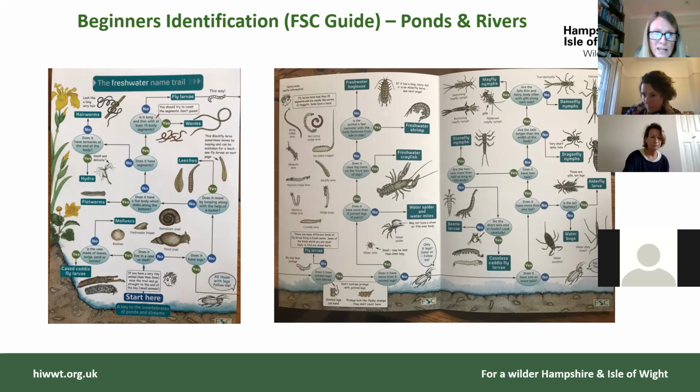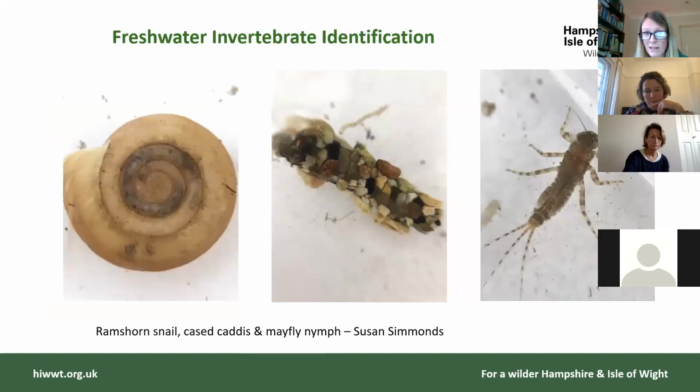And if, of course, we go to the second question where it says, is the case made of leaves, twigs, sand, or stones? And the answer is yes, then that is our second creature, the Caddisfly larva. So this one in the middle is a cased Caddisfly larva. These are really fascinating creatures that make cases by sticking bits of gravel or sand or twigs or plants together to make a tube, and they then live inside this tube.